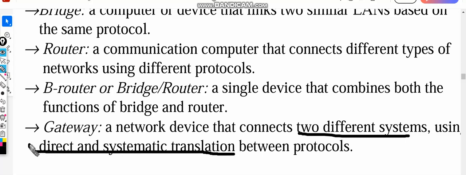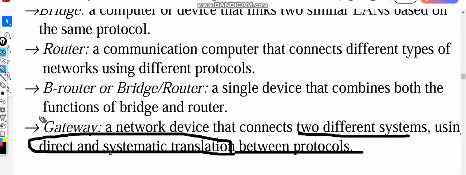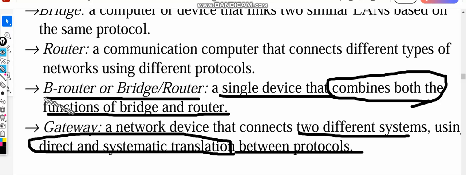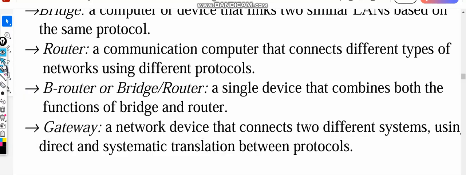And a B router or bridge router is a single device that combines both the functions of bridge and router.